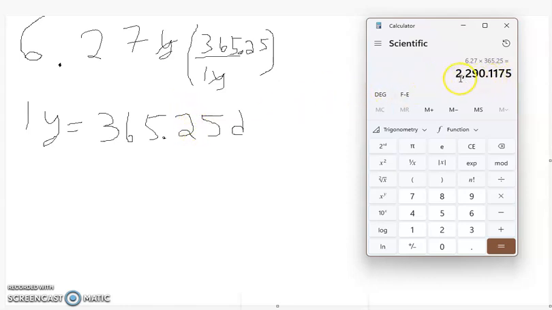So this would be 2,290.12. All right, so that's it. There's our example. So you're just doing that for your three planets. You figure out how many years it is and how many days it is.